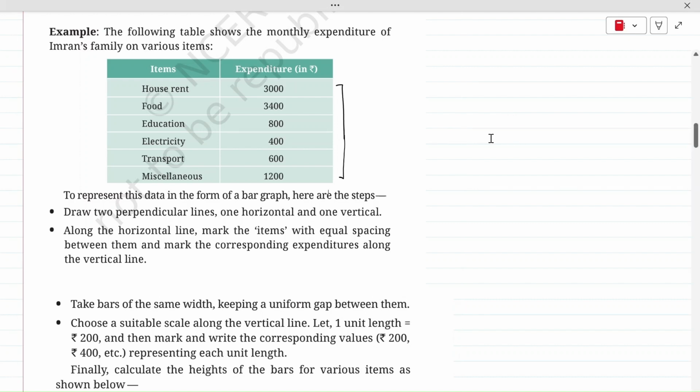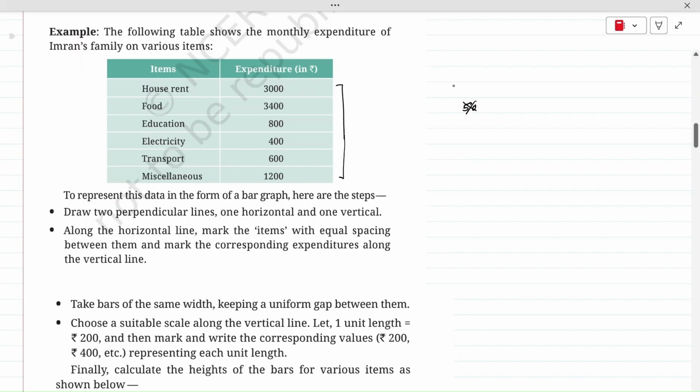We cannot take a scale of 1 unit here, because then up to 3,000 you would have to make the marks. You could start with 50, but there is nothing specific to 50 here, as in it is not something like 250, 350 and so on. So we can ignore 50 here.